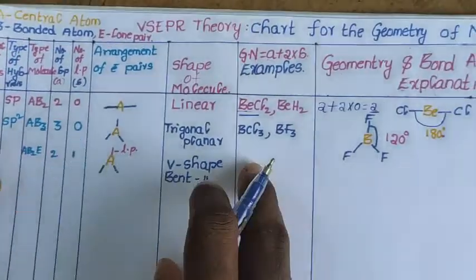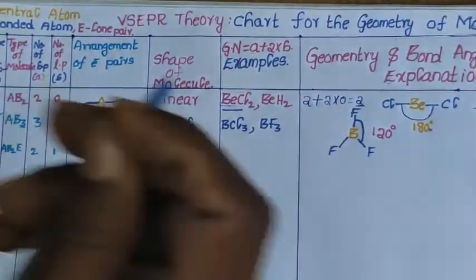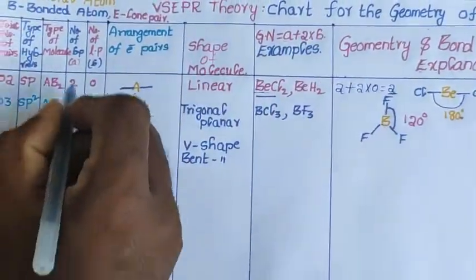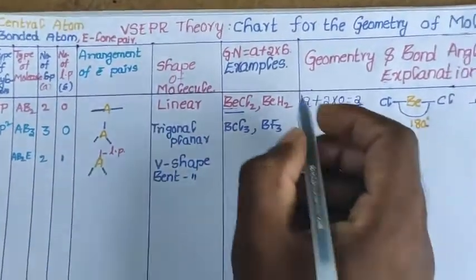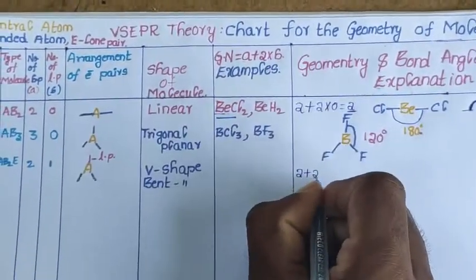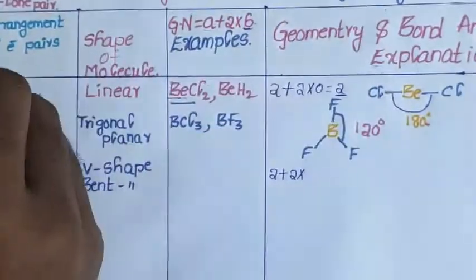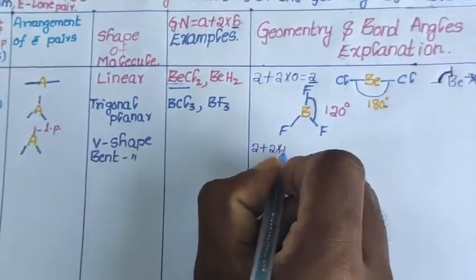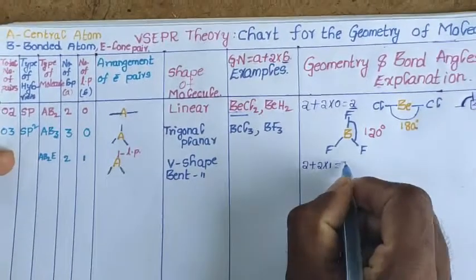So what are the examples for this one? According to the formula, A plus 2 into B, where B means lone pairs. How many lone pairs are there? 1. So 2 plus 2 into 1 means 4.